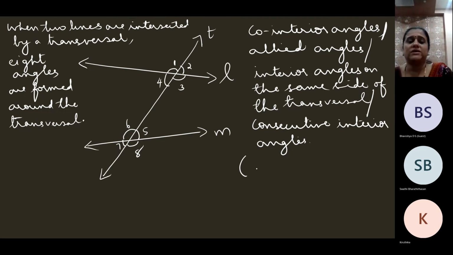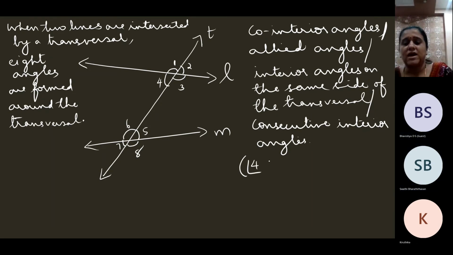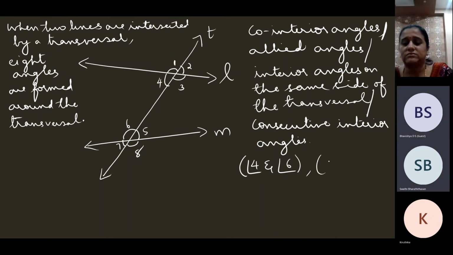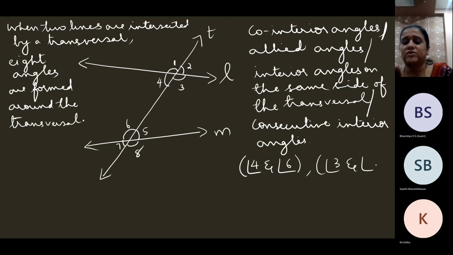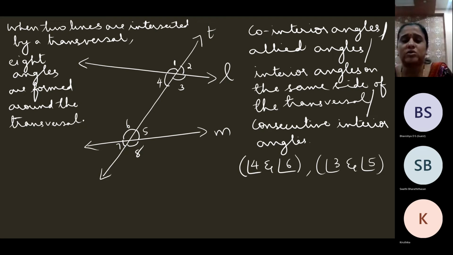So tell me, interior angles on the same side of the transversal, angle? Angle 4 and angle 6, ma'am. Then angle 3 and angle 5, ma'am. That's all, because you should take only interior angles on the same side of the transversal.